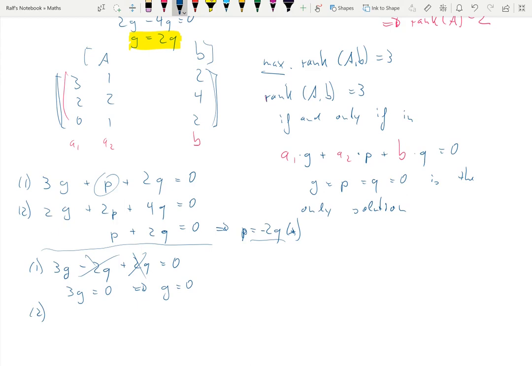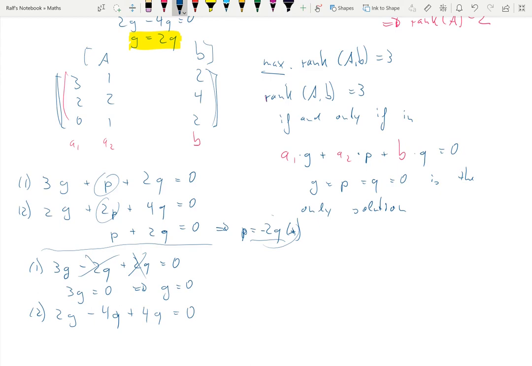So we get 2G, so plus 2 times P, that's negative 4Q. 2 times P is now negative 4Q, plus 4Q, that is equal to 0.